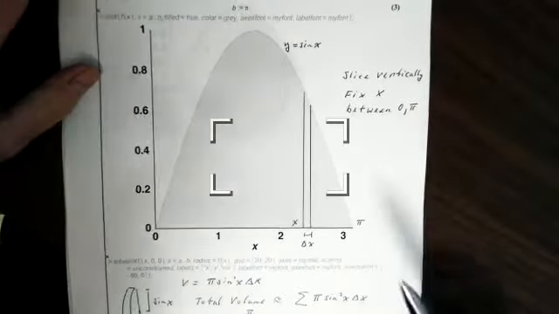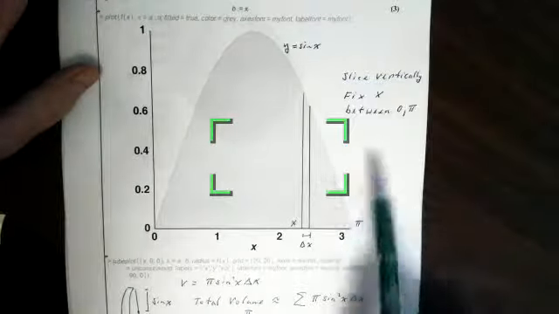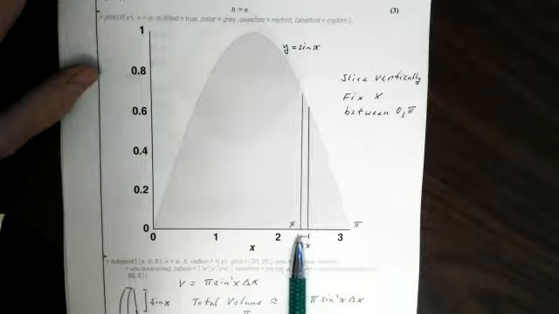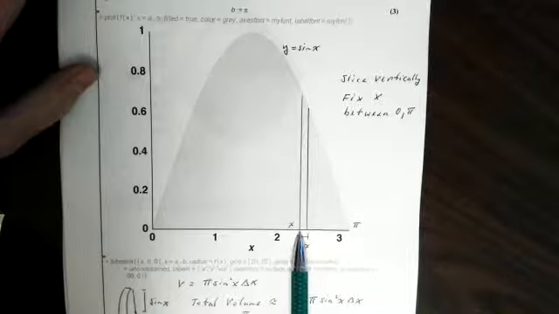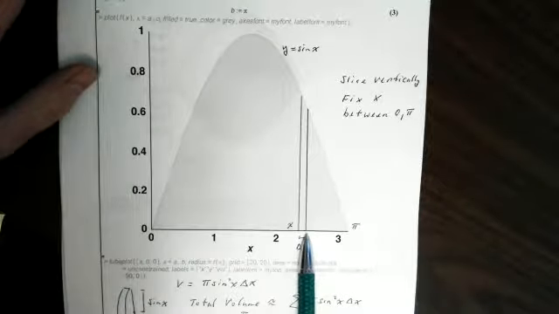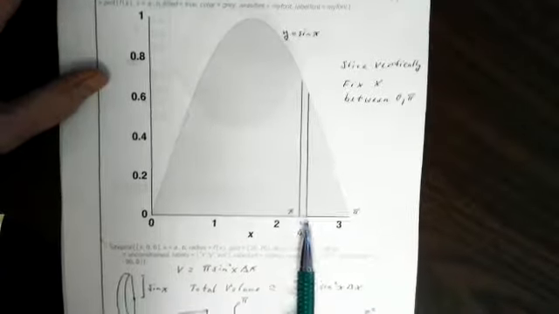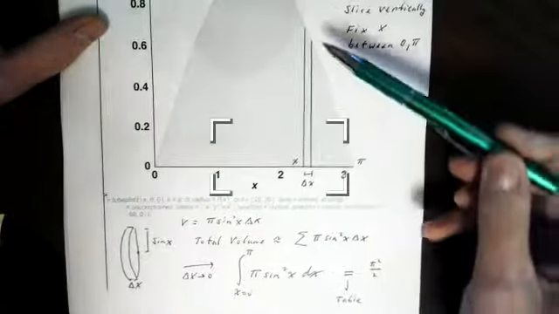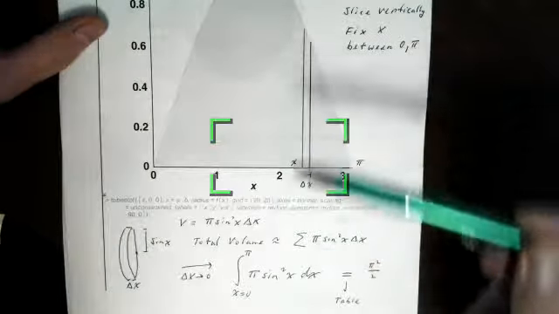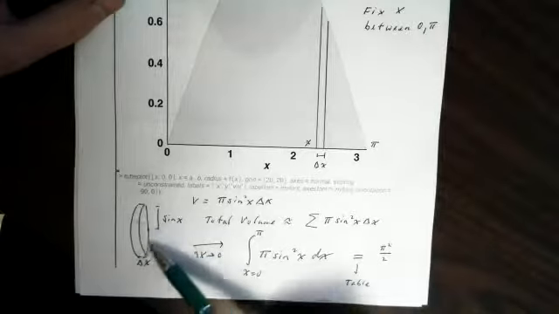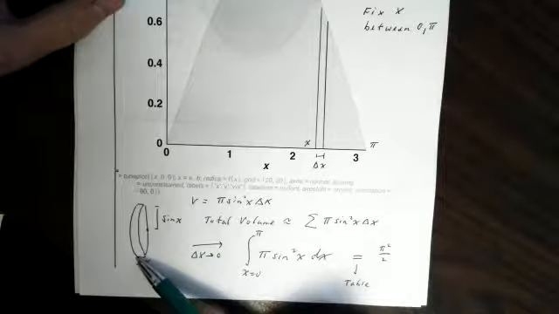We're going to slice this vertically, which means we fix a value of x between 0 and pi, and pull out a small cylinder of width delta x. Because we're slicing vertically, we integrate with respect to x. Now, if I pull that small cylinder out, remember this is being rotated about the x-axis, and lay it down on its side, I get a cylinder that looks like this.